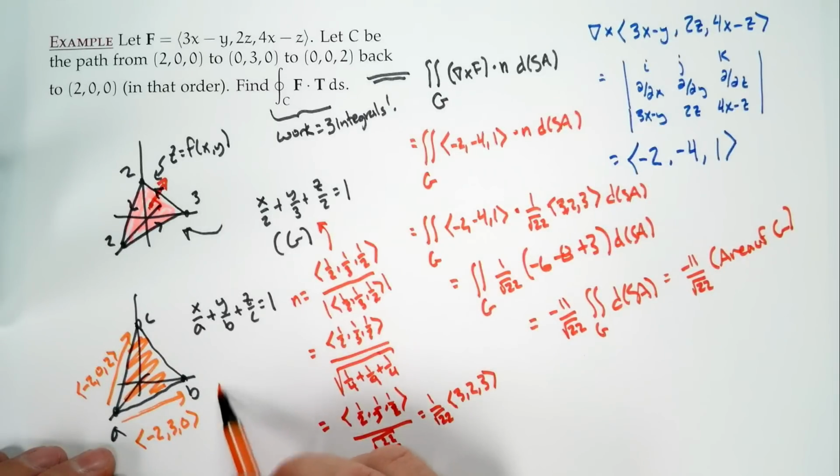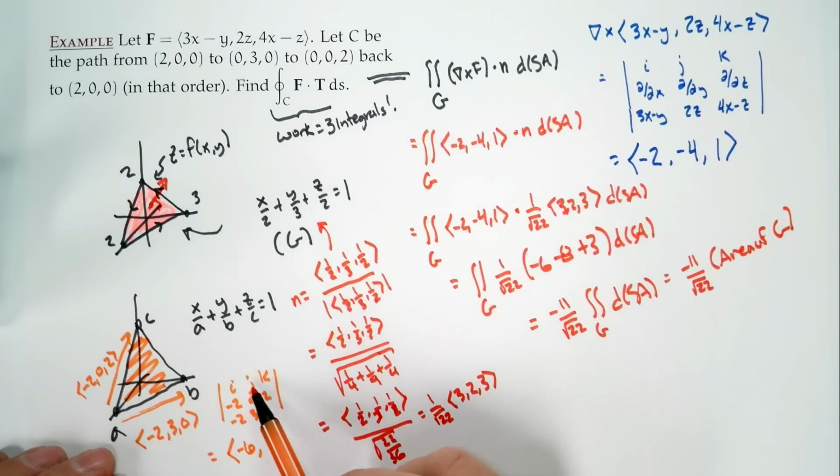So if you cross these two vectors, i, j, k, -2, 0, 2, -2, 3, 0, what would you get? Well, you get 0i minus 6i, then you get -4j, and then minus 0k, so -4. And then you get -6k, and nothing else. It would be 0. So -6, -4, -6. All right.